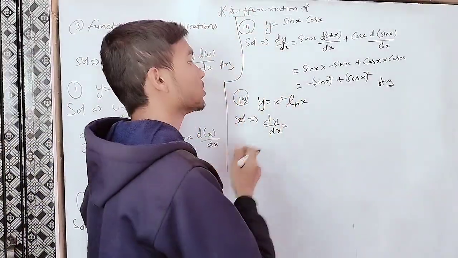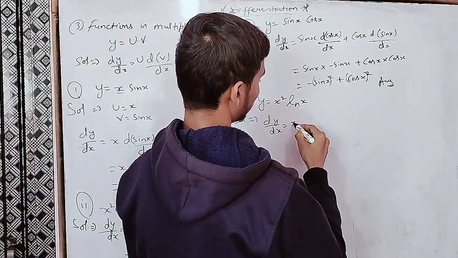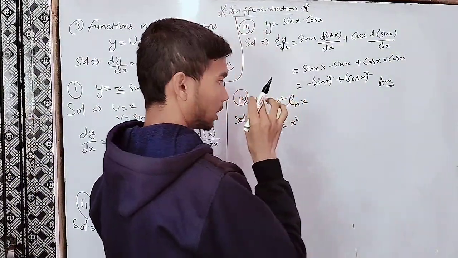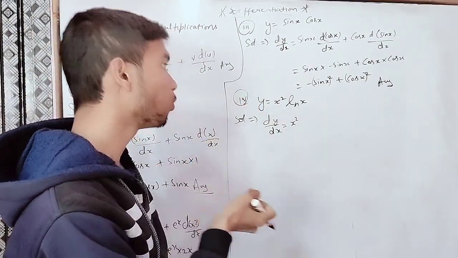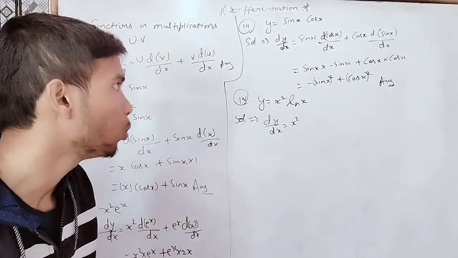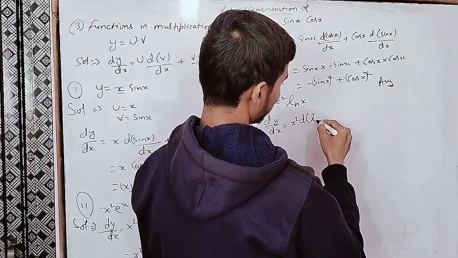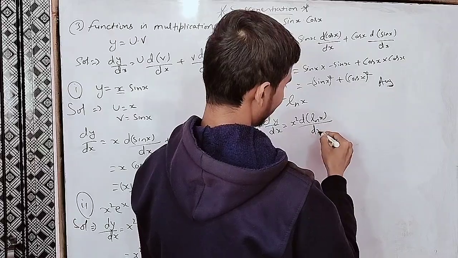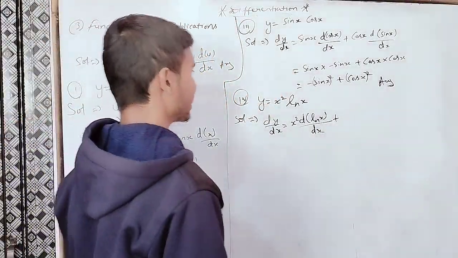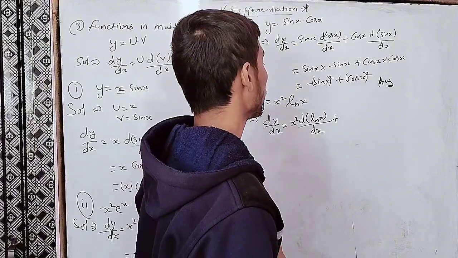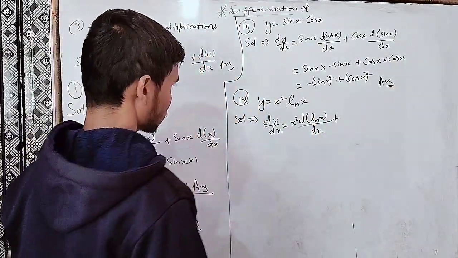First function will be written as it is. We won't change x square. We have put the first function. Now the second function we would use to do differentiation. Then we are writing add as a sign because in our question we have functions in multiplication.